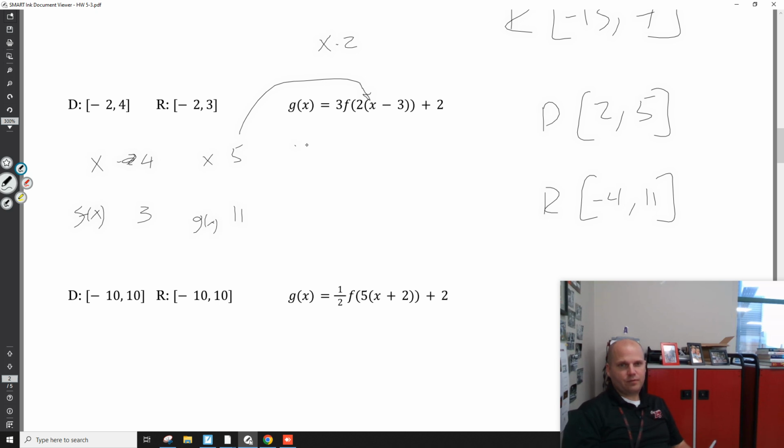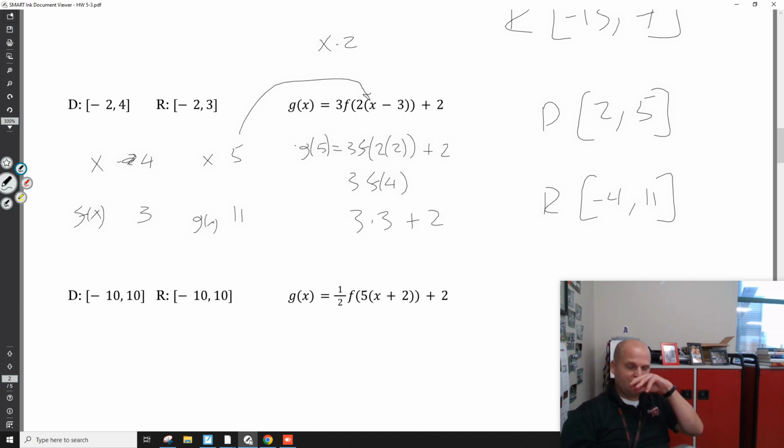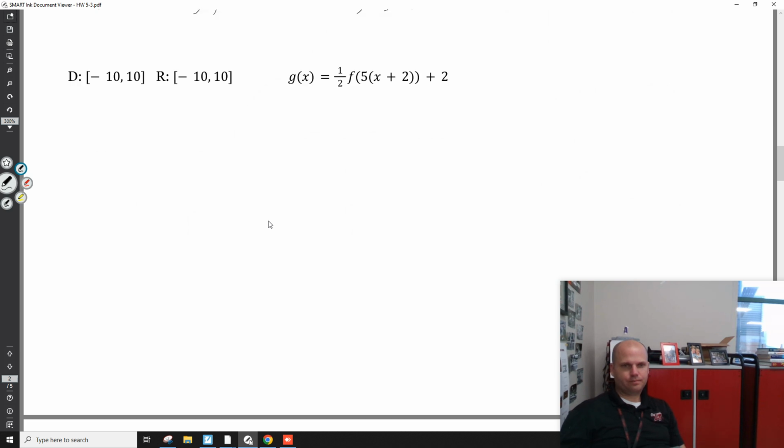If I plugged in 5, g of 5, I get 3 times f of 2 times 5 minus 3 is 2, plus 2. That becomes f of 4. I told you f of 4 is 3. Great. So f of 4 is 3. 3 times 3 is 9 plus 2 is 11. That checks out. I took my x, multiplied by a half, added 3. Took my y's, multiplied by 3, added 2. Everything worked out.